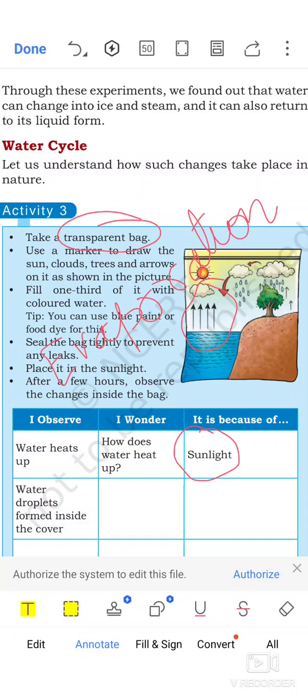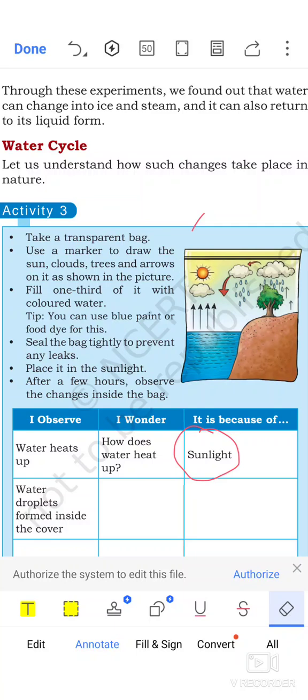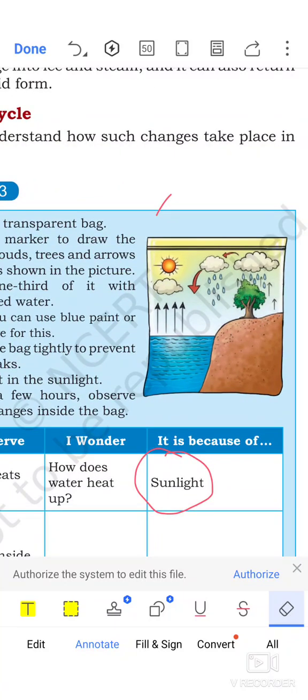Then afterward it reaches the sky and forms the clouds. So that vapor gets converted into water droplets, that is condensation. It forms the water droplets, it forms the clouds, that is condensation. And then those droplets get converted into raindrops, it is known as precipitation.